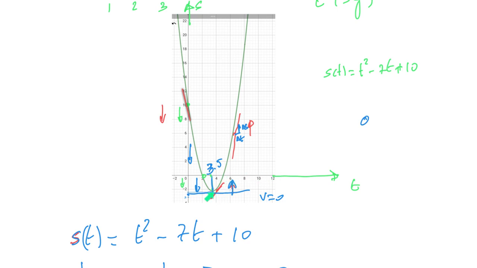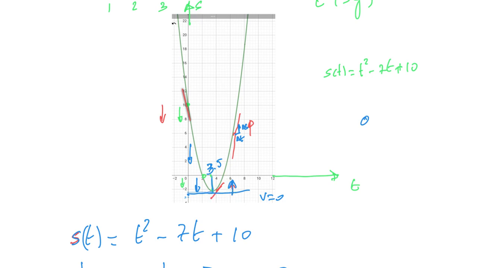So at t equals 3.5, is it moving upward or downward? It's not moving. The slope is 0. The velocity is 0. So the time t equals 3.5 is the time when it reverses direction. Before 3.5, it was moving downwards. Now, after 3.5 seconds, it's moving upward.